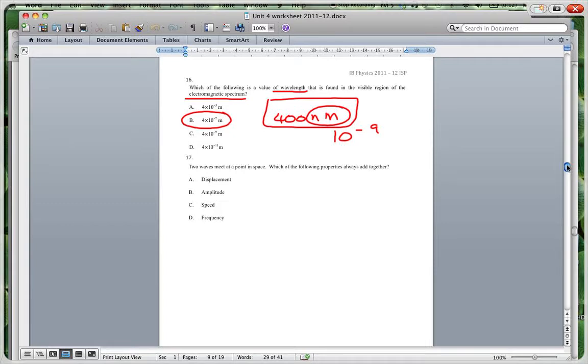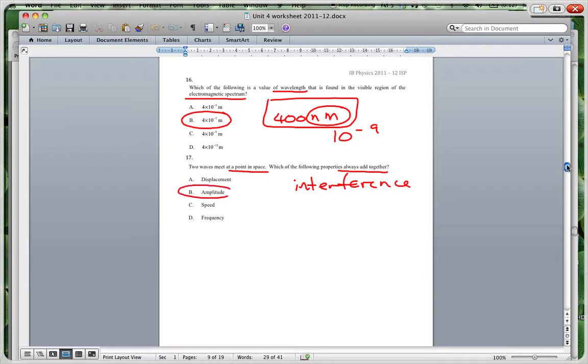And then 17, two waves meet in space. Which of the following properties always add together? So here we talk about interference of waves. So it would be B. Sorry, it would not be.